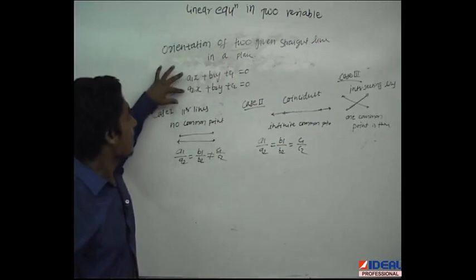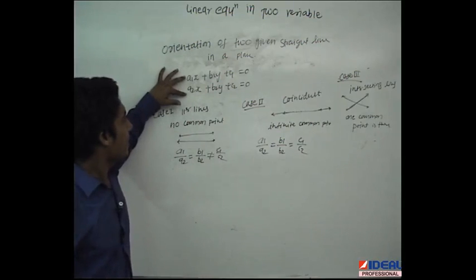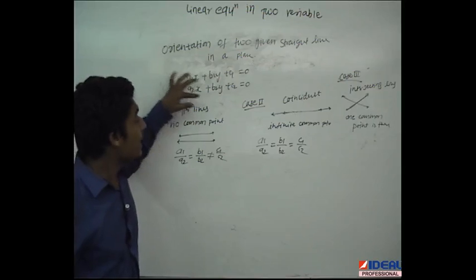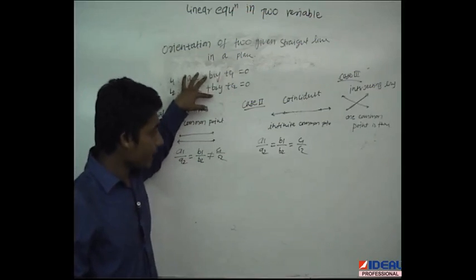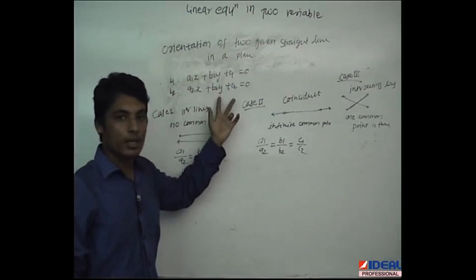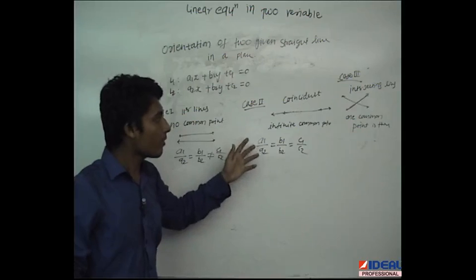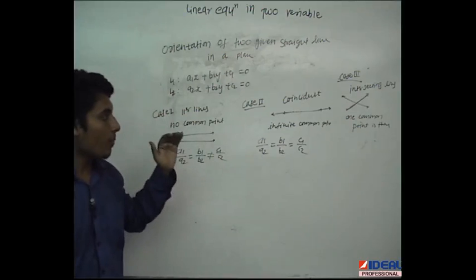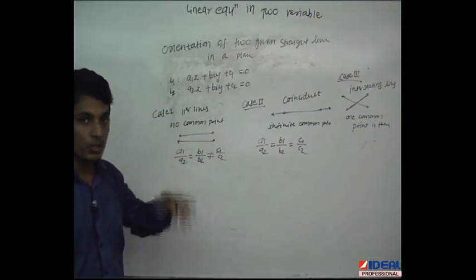It means the ratio of coefficients of the first variable is equal to the ratio of coefficients of the second variable, which is equal to the ratio of constants. So we can call them coincident lines. There are infinite common points between these two lines.